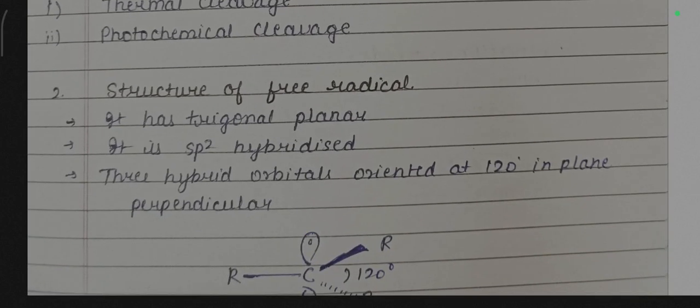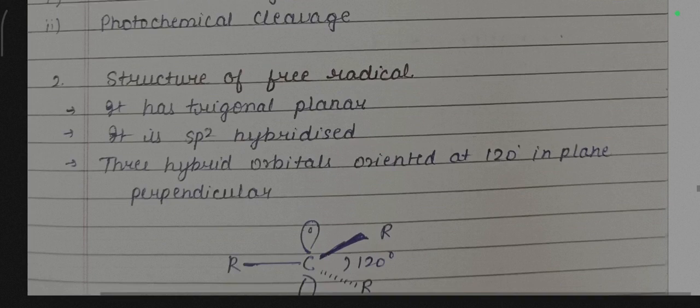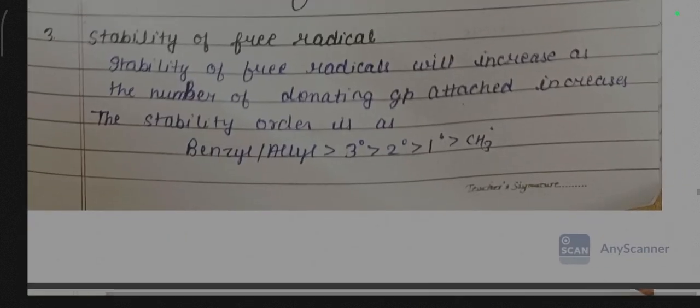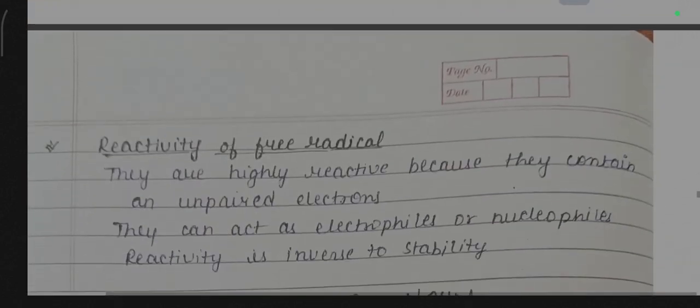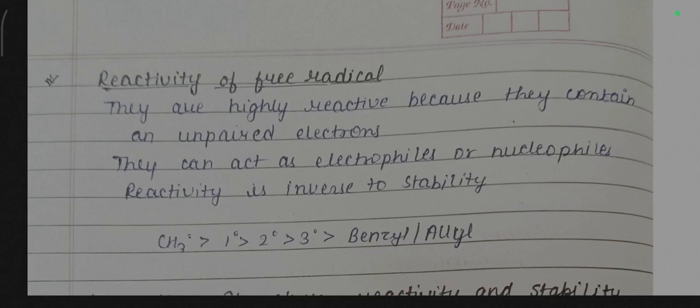It is sp2 hybridized, three hybrid orbitals oriented at 120 degrees in a plane perpendicular to the p orbital. Stability of free radicals. Stability of free radicals increases as the number of donating groups attached increases. The stability order is benzyl or allyl is greater than tertiary, is greater than secondary, is greater than primary, is greater than methyl.